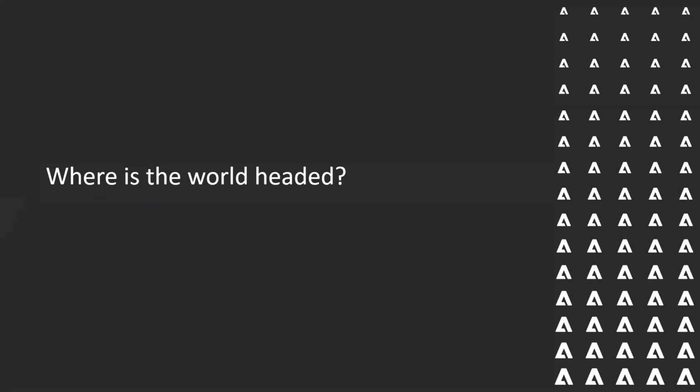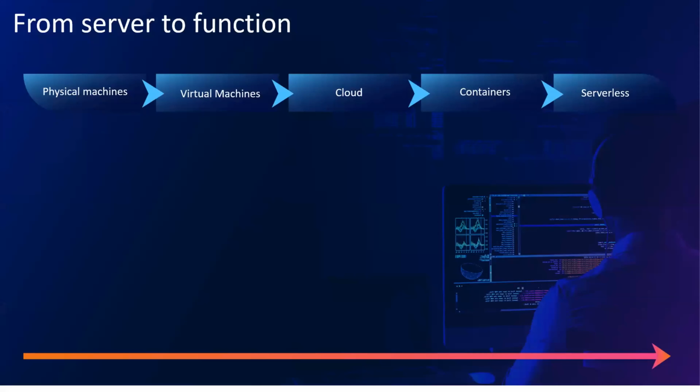Before I get into the details of Project Stratus, I just want to give you a sense about where the world is headed in general, especially the web world. This is something that we notice quite often. Back in the days, we used to have physical machines. It was quite a challenge to maintain the physical machines, the hardware, the application servers, all of that.